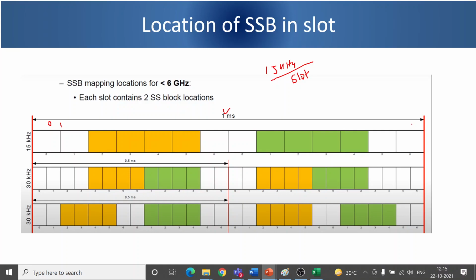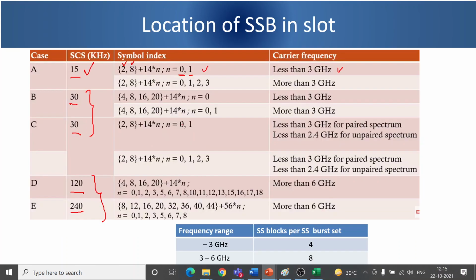So I'm saying that from the second symbol my SS block will start from here, 0, 1, 2. So this is my SS block. And what is the size of the SS block in terms of time? It is 4 symbols. So 1, 2, 3, 4, right? So this one.